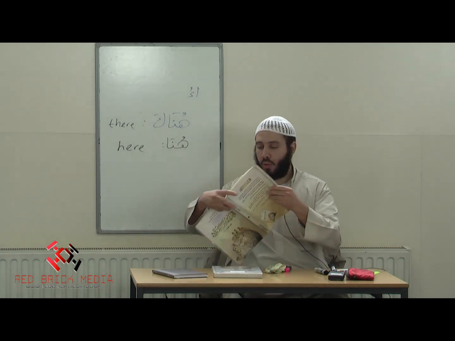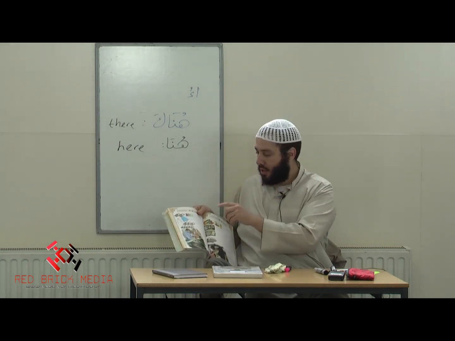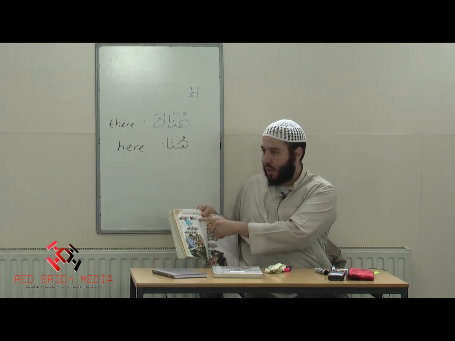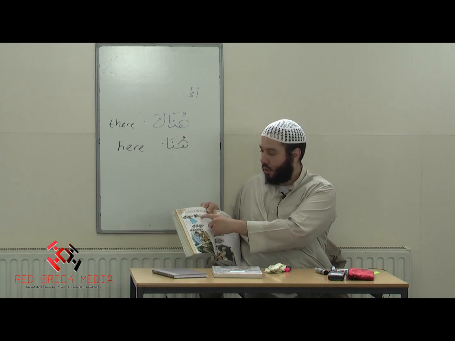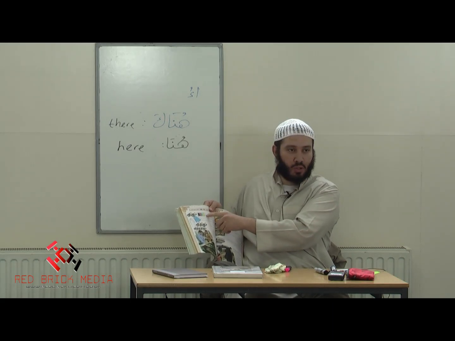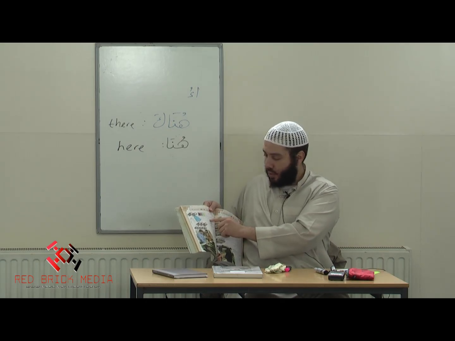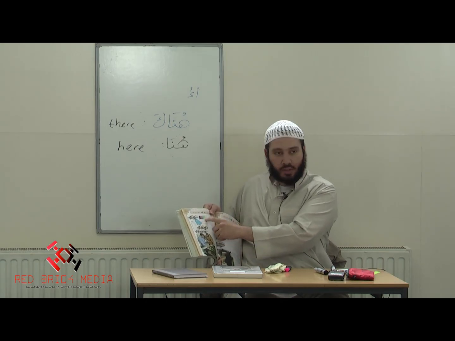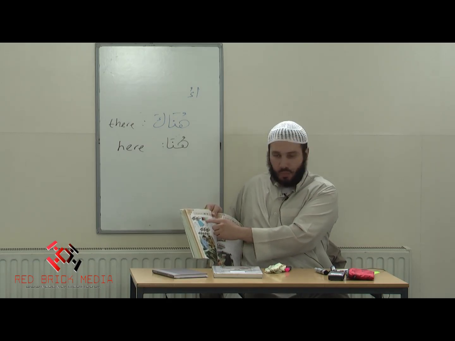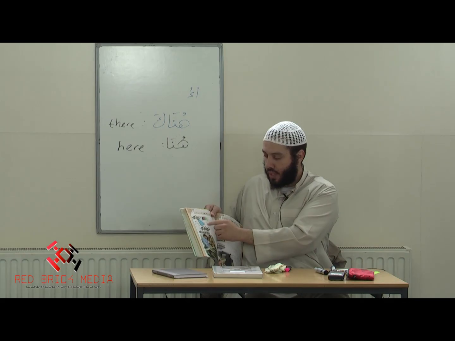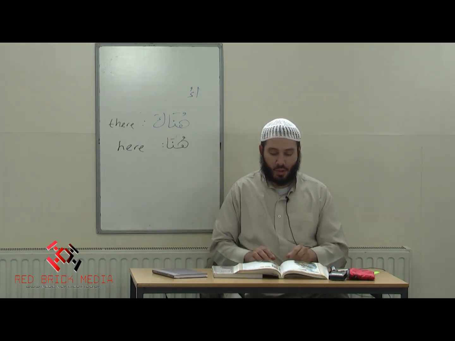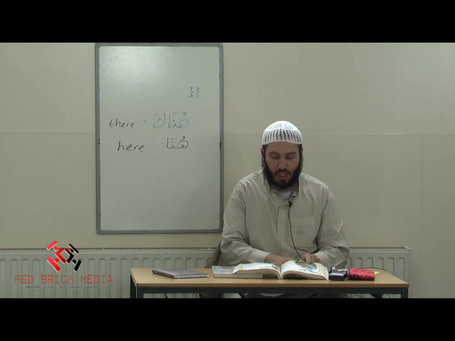So what you do at home: they start with abyad, white, in this picture, and go all the way left. Then asfar, yellow, azraq, blue, ahmar, the red one, and the last one, al-aswad. Okay, brothers? So do that please at home.